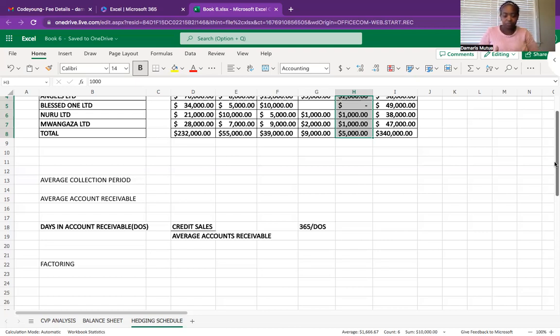Then we're gonna give you like 70% of the value of the receivable. Let's say, for example, if your receivables are like $10,000, we're gonna give you 7,000. 70%. Then they charge you for the service. So that is what we call factoring, guys.